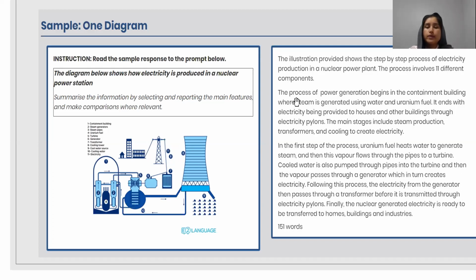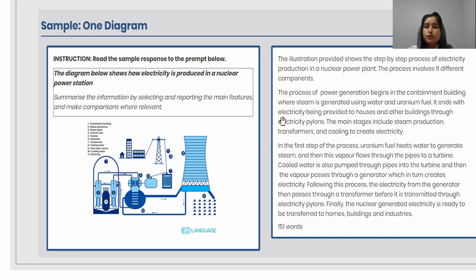Then the overall, what happens, we just write overall. The process of power generation begins in the containment building here, where steam is generated using water and uranium fuel. So steam is generated here using this water that comes from here, and then the uranium fuel.